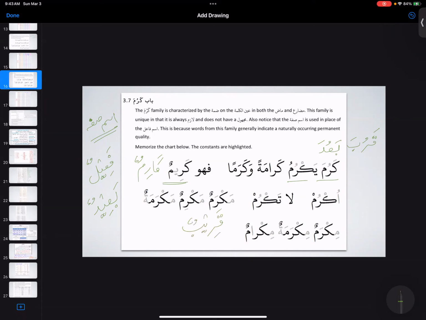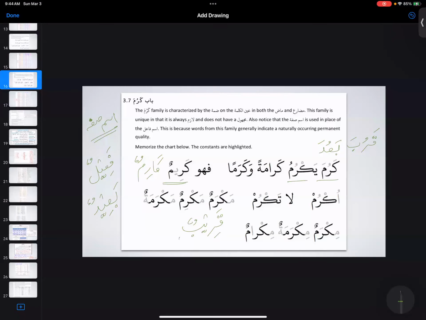Qareebun. So now, if you guys remember that ayah, Idha sa'alaka ibadi anni fa inni qareeb. Subhanallah. So this is the pattern of fa'ilun, which is saying that Allah subhanahu wa ta'ala is always qareeb, like we know that He is closer to us.